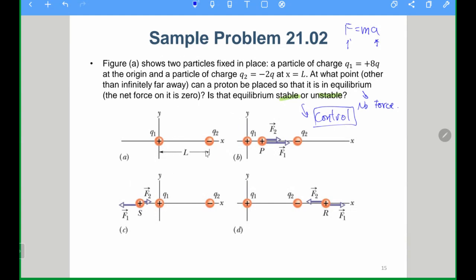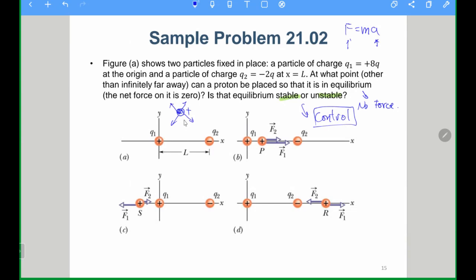So just now we said we try to put a proton in between so that there is no force acting on it. Of course, we try to put it on the x-axis, because if we put it off the x-axis, maybe somewhere here, then you can imagine the forces, either attracting or repelling, and on the y-axis they can never be cancelled to be zero.